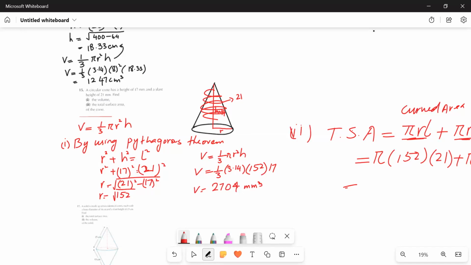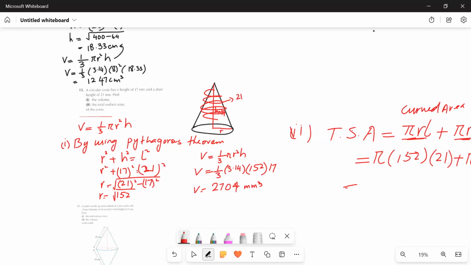Let me check by myself. It is 21 square minus 17 square, 152, and then the square root of 152 is 12.1.